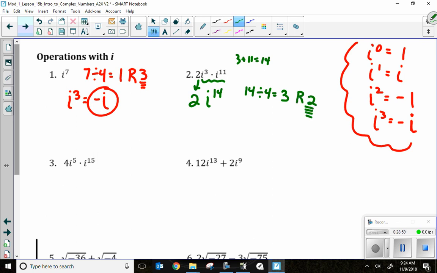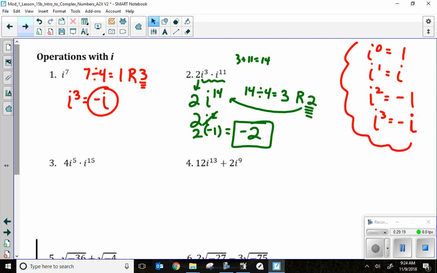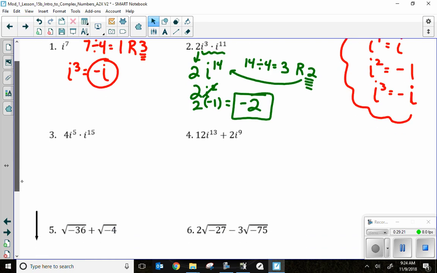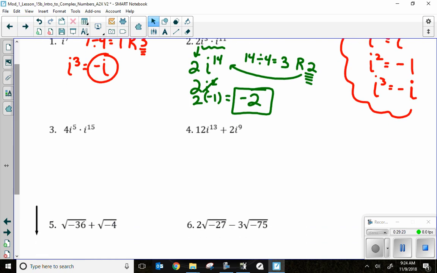This is my new exponent. So it is 2 times i squared. What is i squared? Negative 1. So it's 2 times negative 1, which is negative 2. Woo! Good. Stupendous. Love it. All right. Next one.